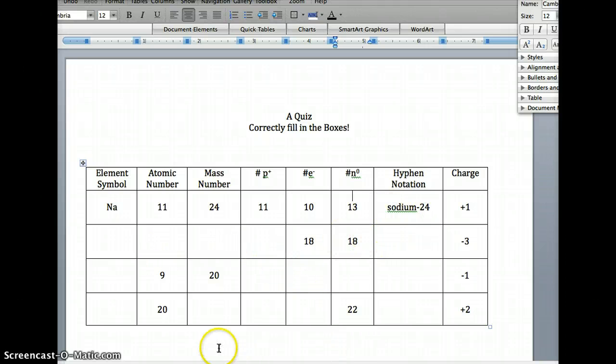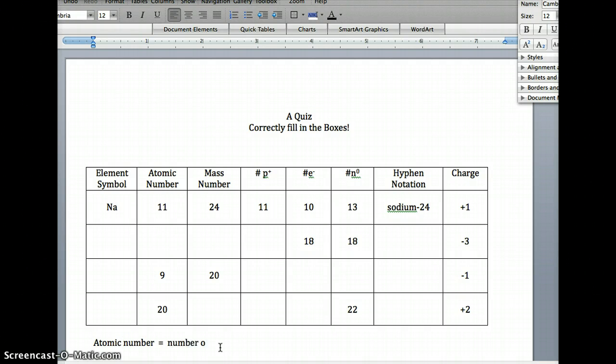The next one. Now, by the way, there are two little relationships I mentioned that you need to know. You need to know that atomic number is equal to the number of protons. That's always true.